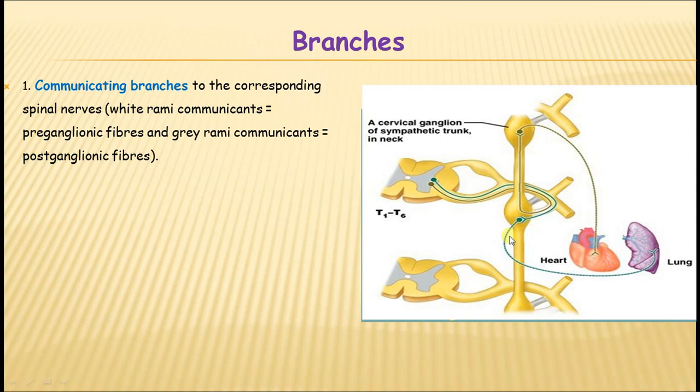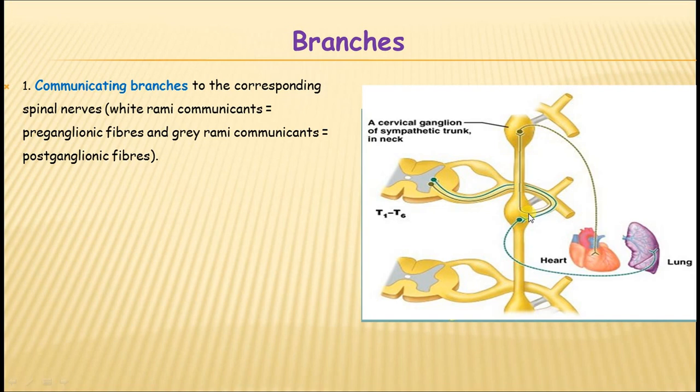If this is the ganglion, fibers coming to the ganglion from the spinal cord are called preganglionic fibers. Fibers leaving from the ganglion are called postganglionic fibers. So it is connected by the preganglionic and postganglionic fibers by the gray and white rami communicantes.